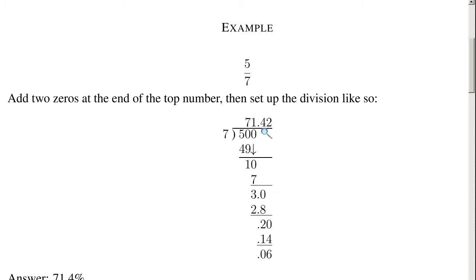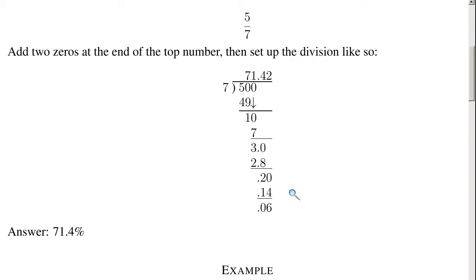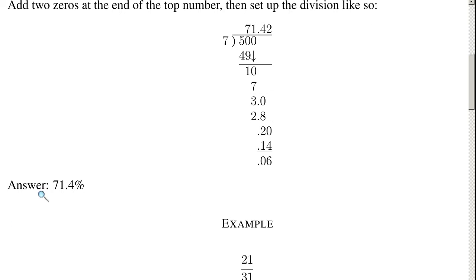In this case, we see that the 2 is less than 5, so our final answer just rounds to 71.4. Answer, 71.4%. Oops, it's cut off here at the bottom of the screen. Answer, 71.4%.